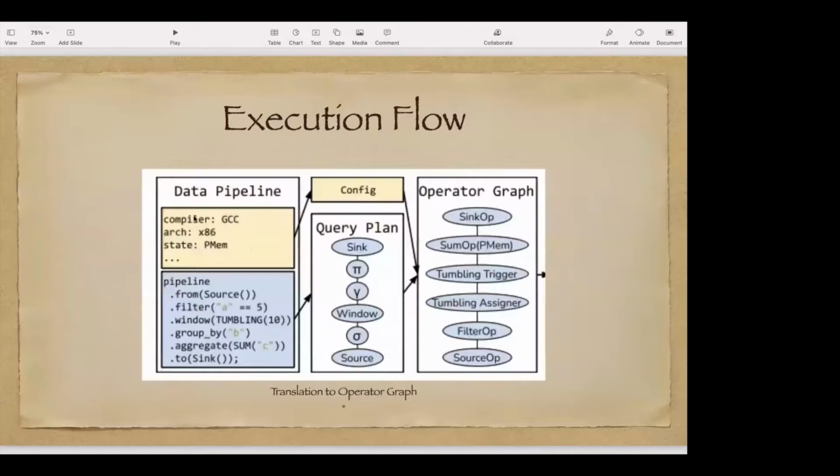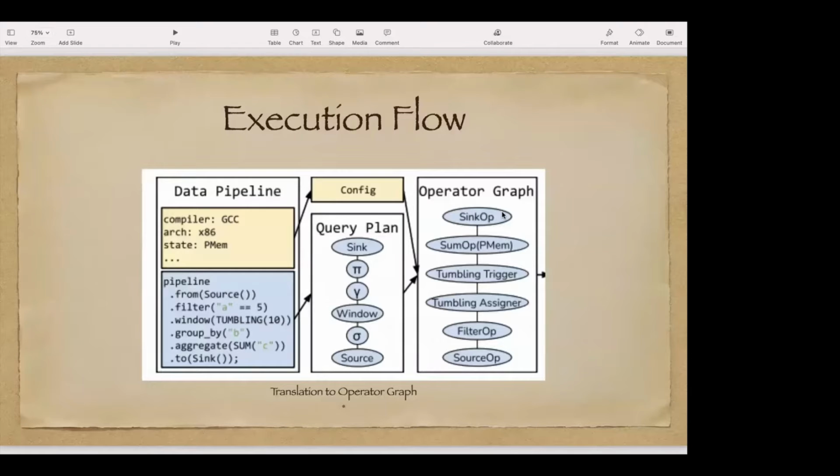After a data pipeline is defined, Darwin comes up with a query plan. Once the query plan is there, you see some of the relational algebra operators like source, select, then window, then group by, then projection, and finally sink.